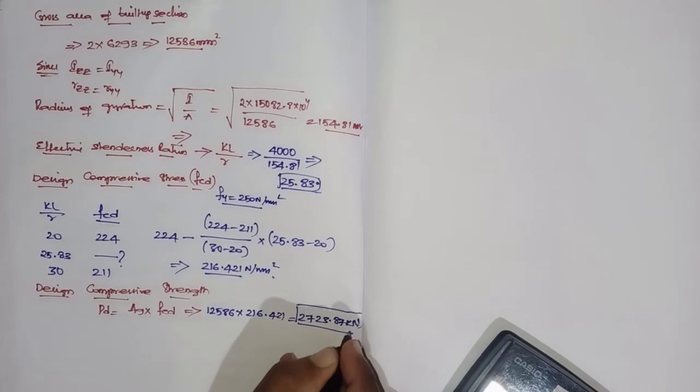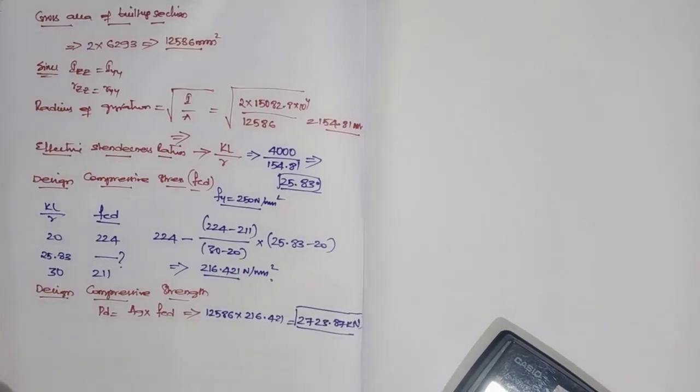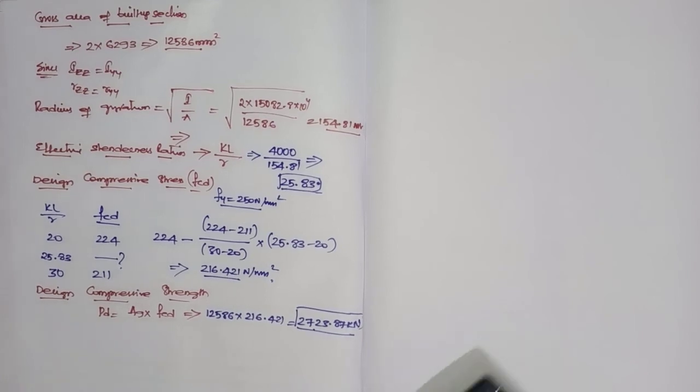Means if I provide a distance of 256 mm between the two back-to-back channel sections, I can obtain a maximum of 2723.87 kilonewtons. So what are the two channel sections we have used? ISMC 400. I hope you understood both the problems.